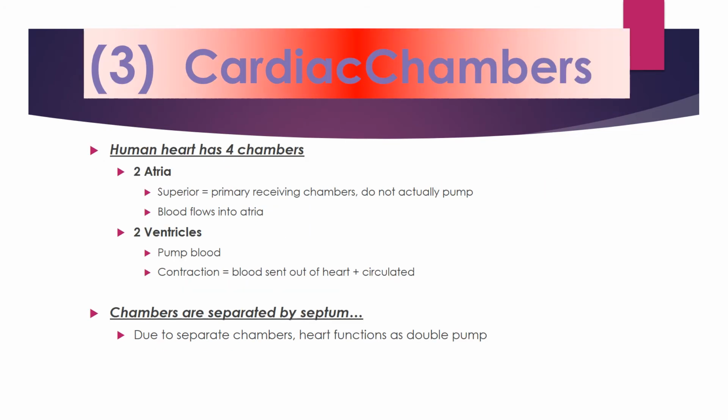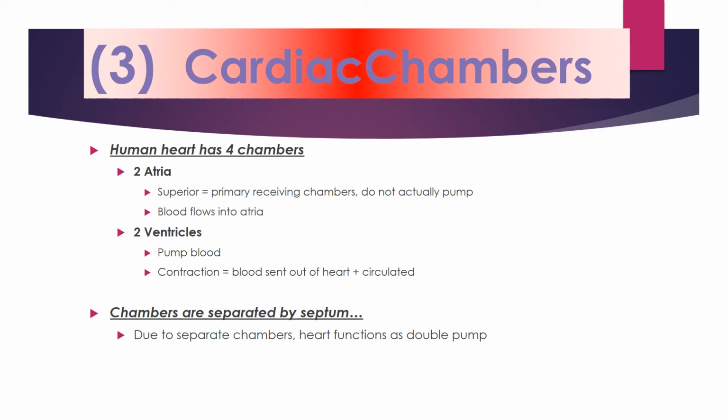The third is cardiac chambers. The human heart has four chambers, which we have seen earlier, two atria and two ventricles. The superior ones, the primary receiving chambers, do not actually pump the blood. The blood flows into the atria, and the two ventricles basically pump the blood, because of whose contraction the blood is sent out of the heart and circulated throughout the body.